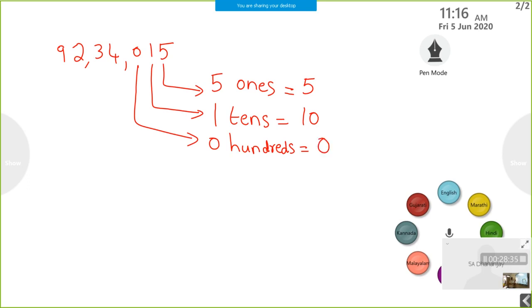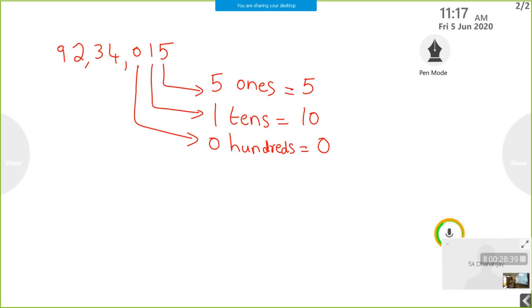So the place value of the digit 0 in any place is always 0. Very important. Because 0 lies in the hundreds place, its place value is 0 hundreds, but 0 into 100 is always equal to 0.